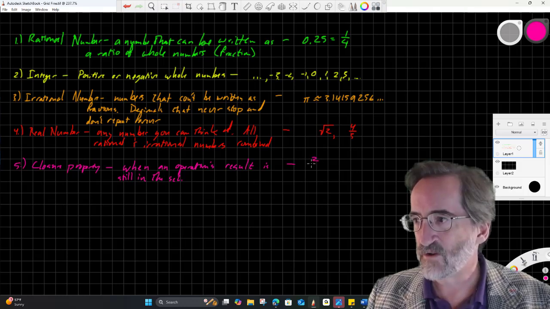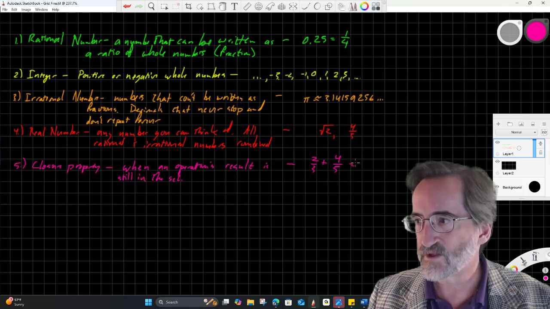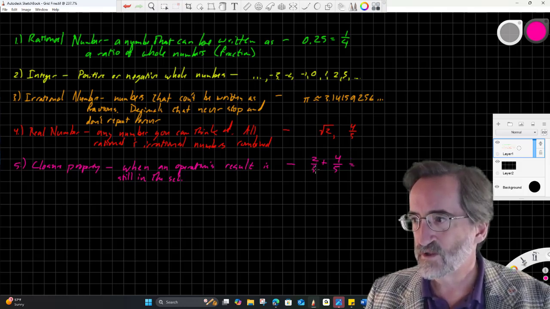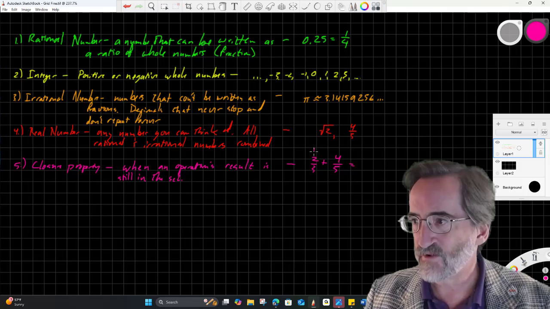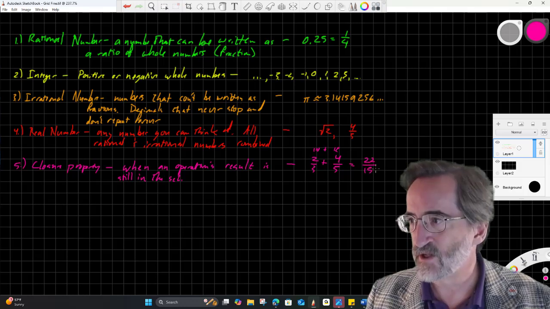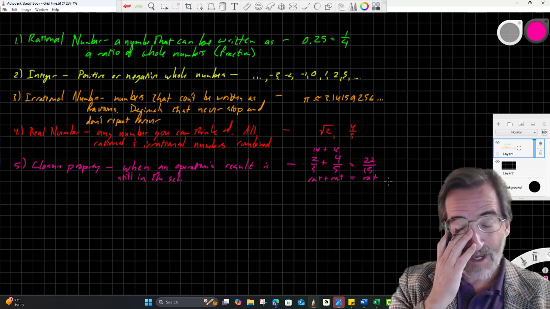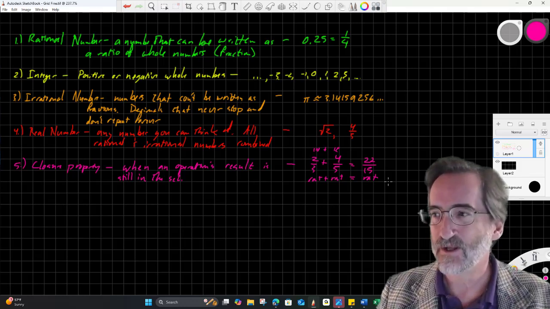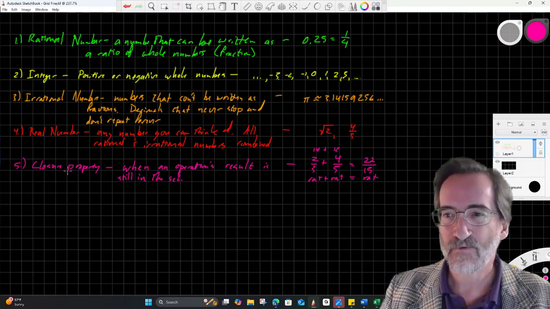A rational number, 2/3, plus another rational number, 4/5, equals 3 times 5, 5 times 2 is 10, 3 times 4 is 12, 10 plus 12 is 22, 3 times 5 is 15. So a rational plus a rational equals another rational number. Adding them did not take us out of the set of rational numbers. That's closure under addition for rational numbers.